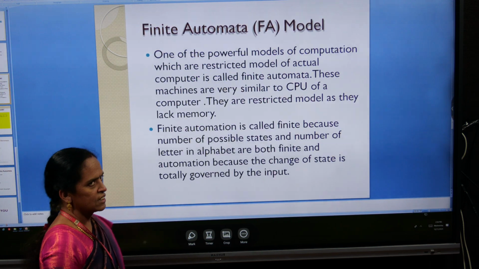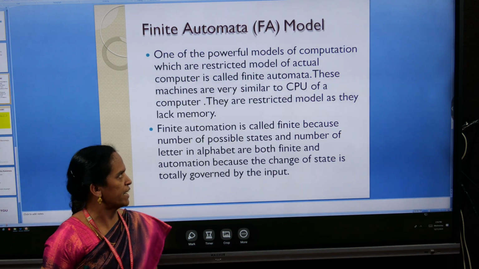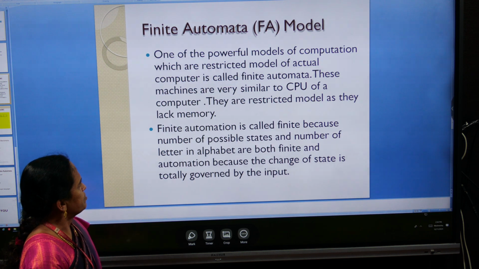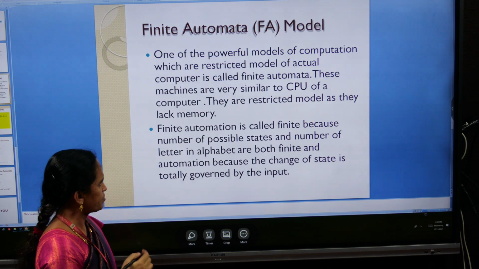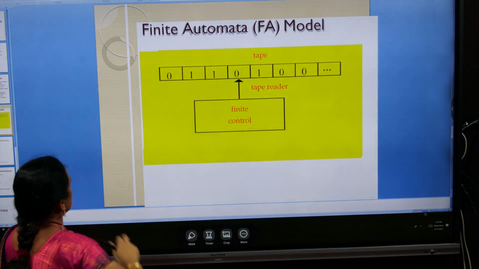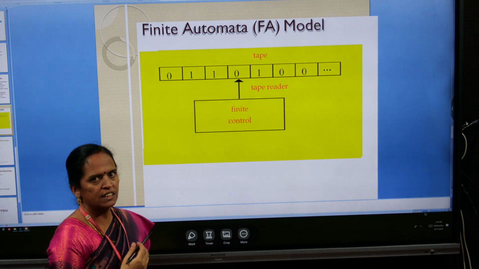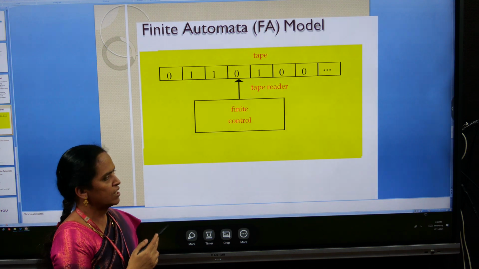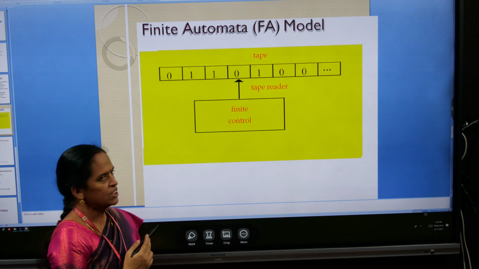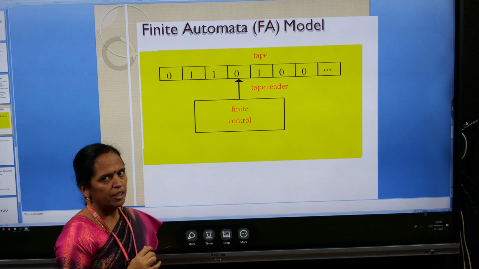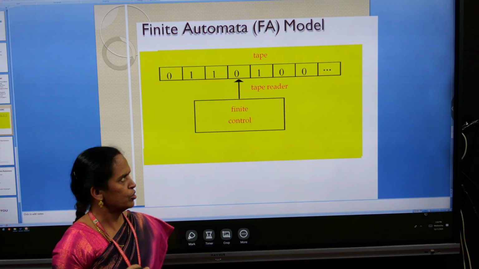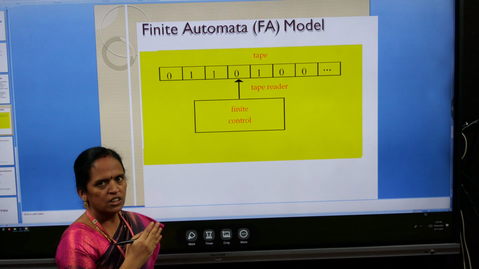Now we are going to discuss the model of finite automata. In the finite automata model, there are three components available. One is the input tape, the next one is the tape head, and the next one is the finite control. The input tape is useful for storing the input. It consists of a sequence of cells.